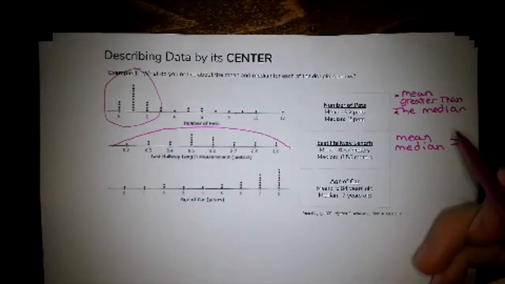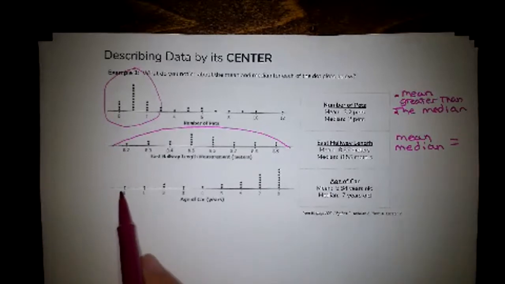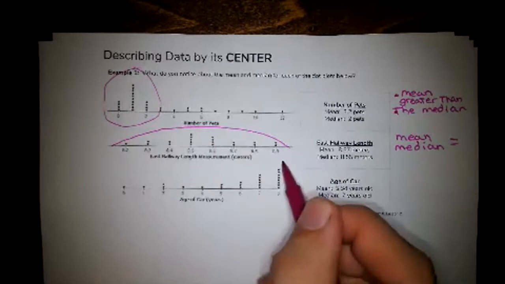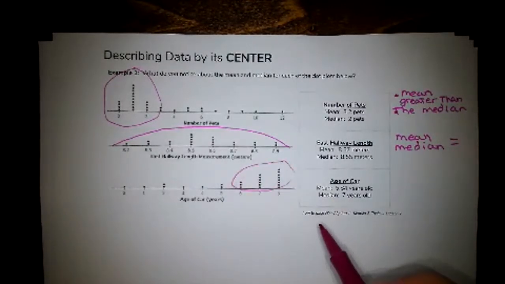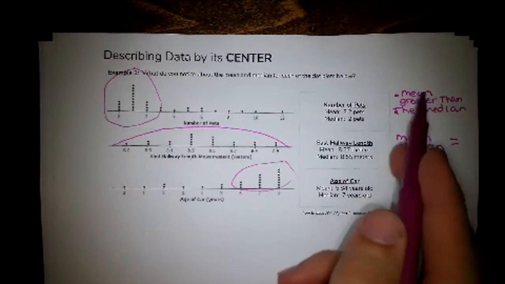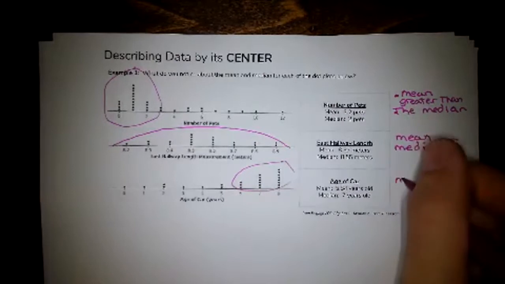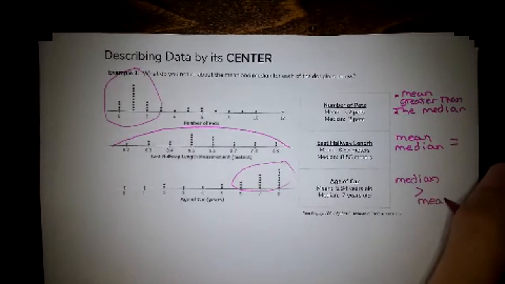Now, they might not be exact, but they'll be pretty close. Now, this guy over here, as we see, we start low, and then we get kind of high, right? So everything is grouped over here on the right. Usually when this is the case, it's the opposite of over here. Here, the median is actually going to be greater than the mean, the average.